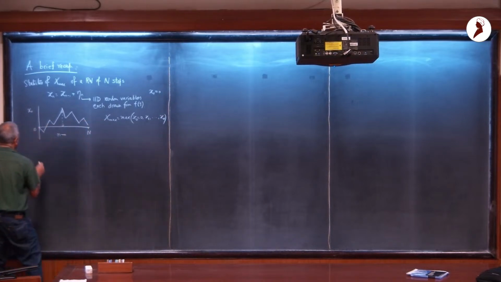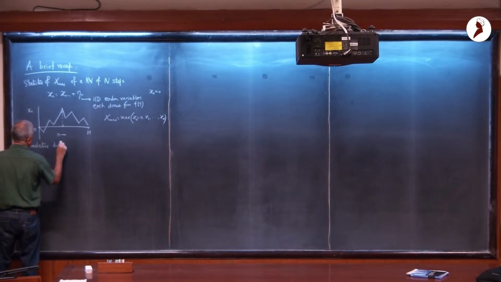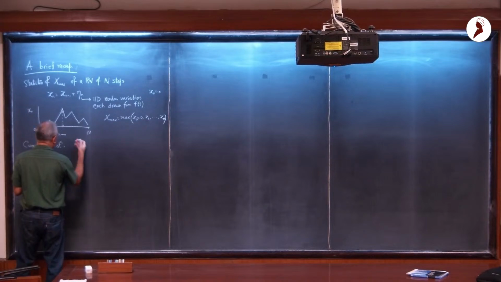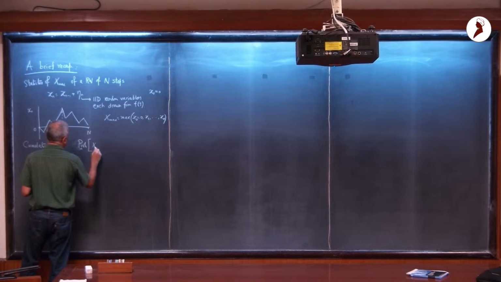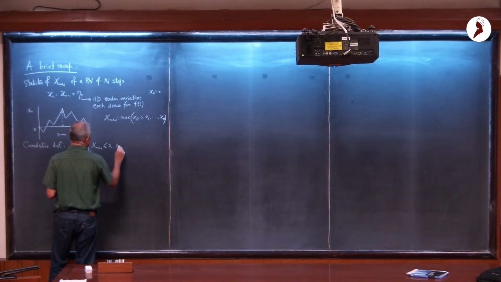Okay, and what we said is that it is easier to calculate the cumulative distribution of the maximum, which we are writing as some level A up to step n.